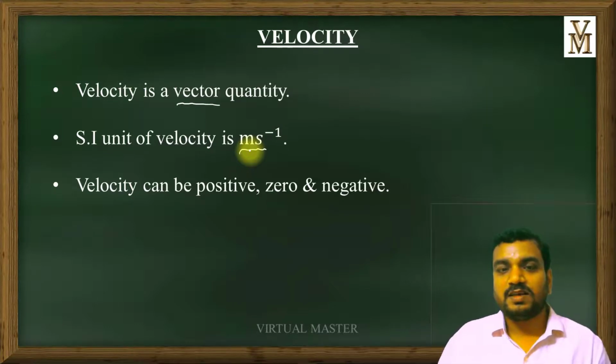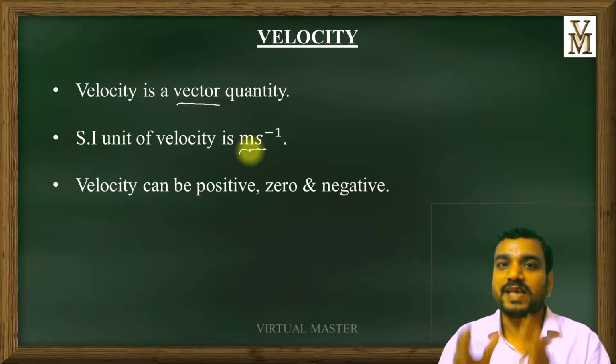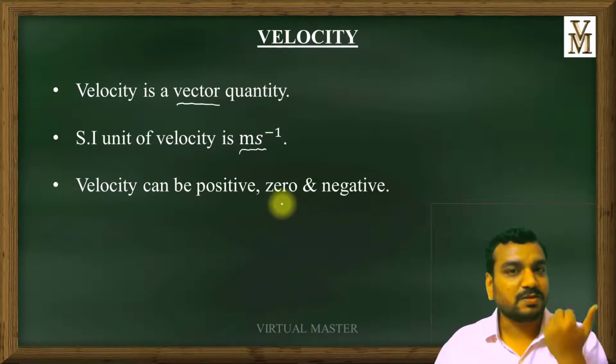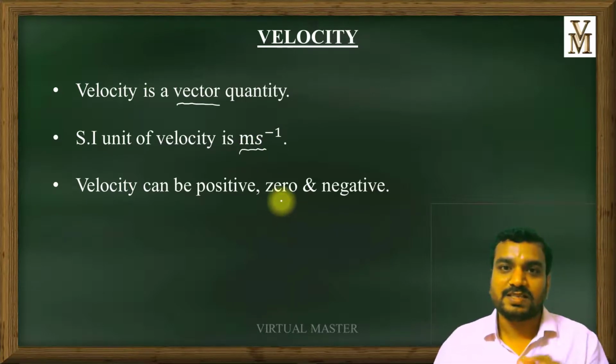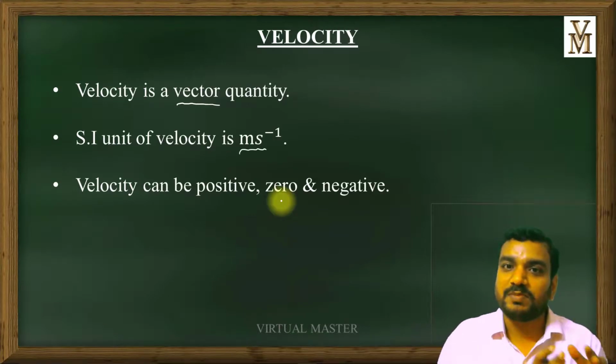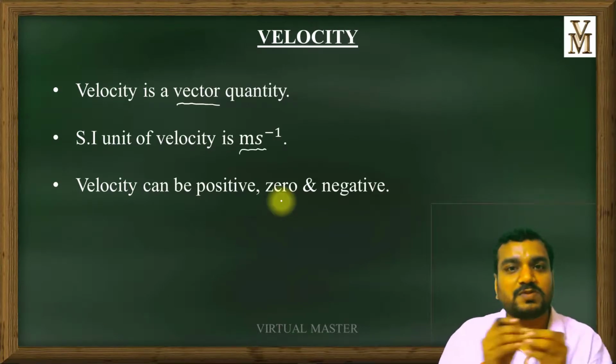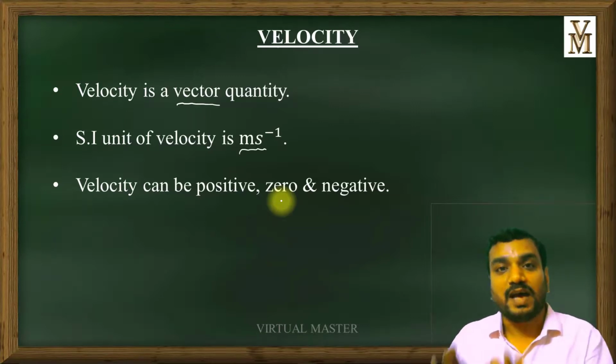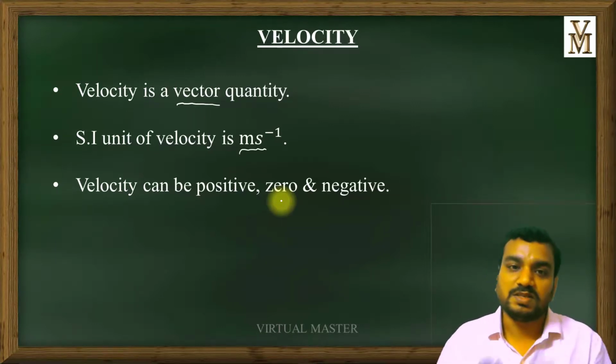We all know that the displacement of an object can be negative as well as zero, right? So the velocity of the object can be negative, zero and positive. Since the displacement of an object can have a negative value as well as zero, the value of velocity can also be negative or zero.